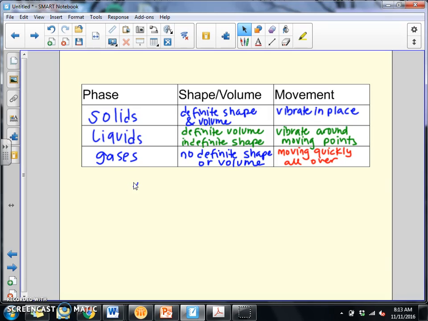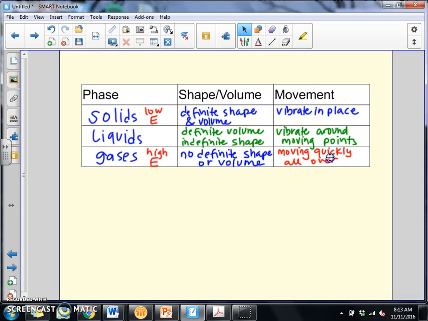So if we want to refer to which ones have the highest amount of energy, okay, gases have high energy, which I'm just going to abbreviate as an E, and solids have the lowest energy, okay? Which makes sense. If you think about atoms as toddlers, we know that when toddlers have a lot of sugar, they act like a gas.